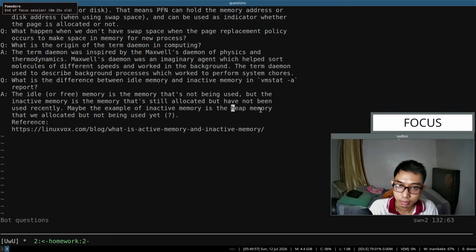Yeah, maybe the stack memory that we allocate previously, but have not been used recently.